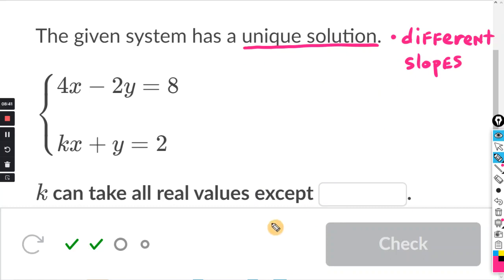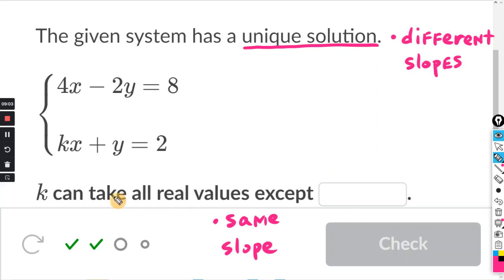Other than different slopes, the thing they can't have is the same slope. So k can be anything except whatever would make these equations have the same slope, because for unique solutions, you need different slopes.